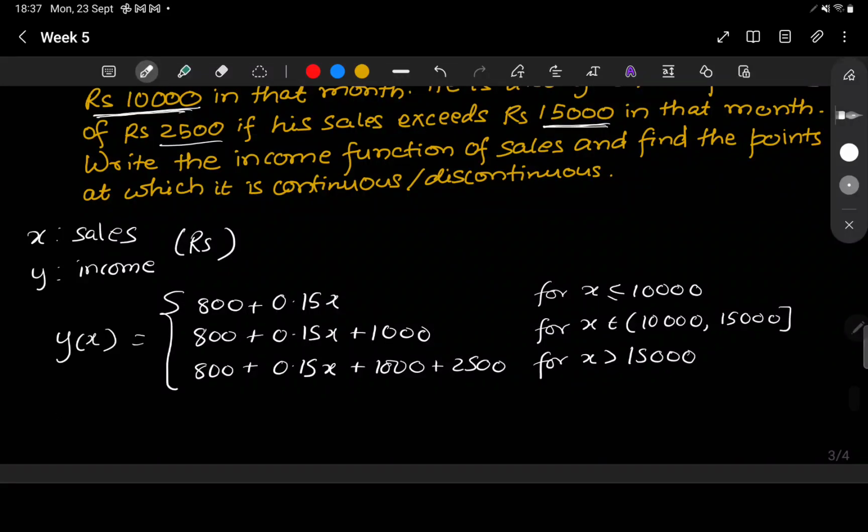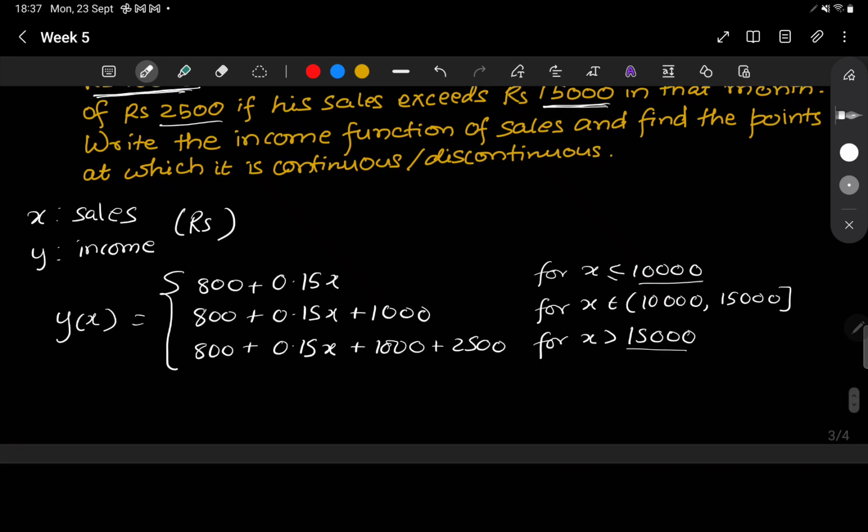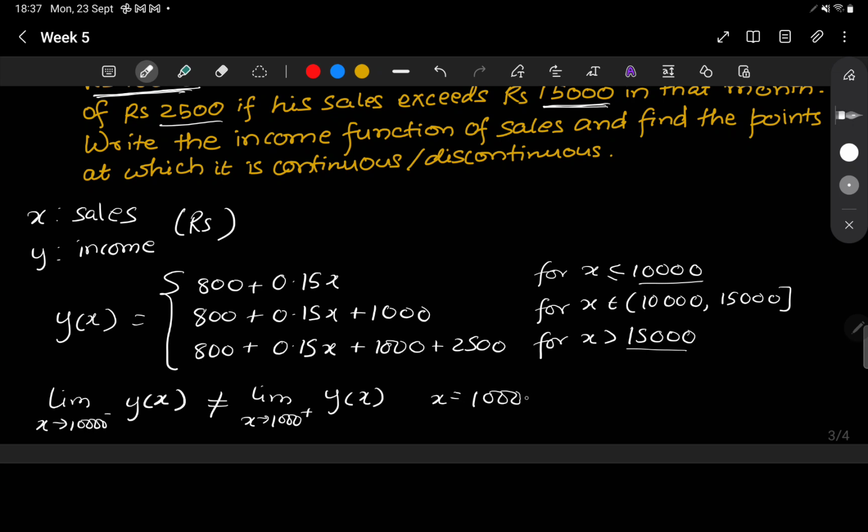Now let us look at these points 10,000 and 15,000. So limit x tending to 10,000 from minus, meaning left hand limit, of y(x) is clearly not equal to limit x tending to 10,000 plus, from the right hand side, of y(x). So x equals 10,000 is a point of discontinuity.